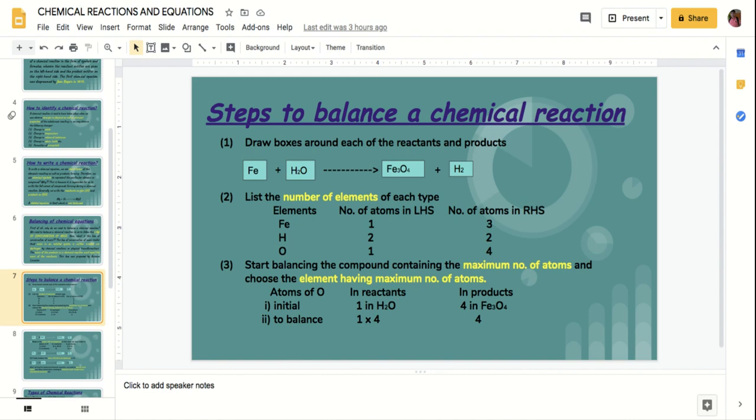Start balancing the compound containing the maximum number of atoms, and choose the element having the maximum number of atoms.